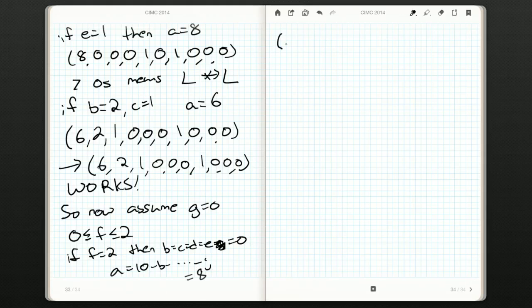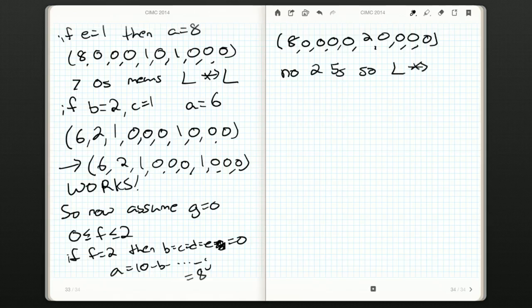And what do we have? 8, 0, B, C, D, E. F is 2. G, H, I, J. Well, we have 8 zeros. One, 2, 3, 4. No 2 5s. All right.